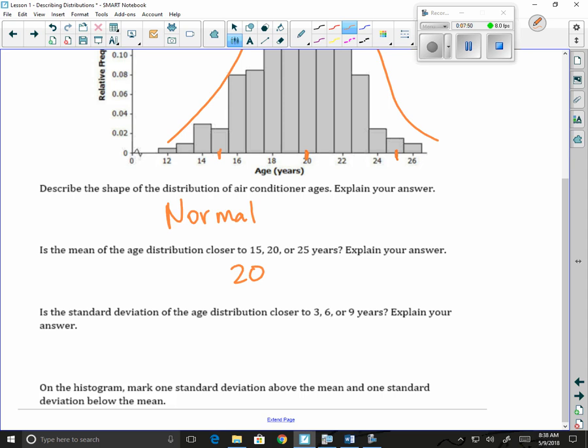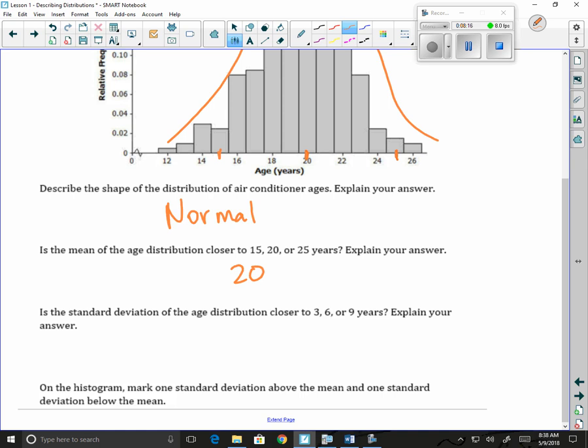Then it says the standard deviation of the age is 3, 6, or 9. Remember, standard deviation is how far the data is spread out. So if we wanted to figure out the standard deviation here, remember 3 standard deviations above and below the mean should represent our entire histogram. So if I was to take 20 plus 3 is 23, plus 3 again is 26, plus 3 again is 29.